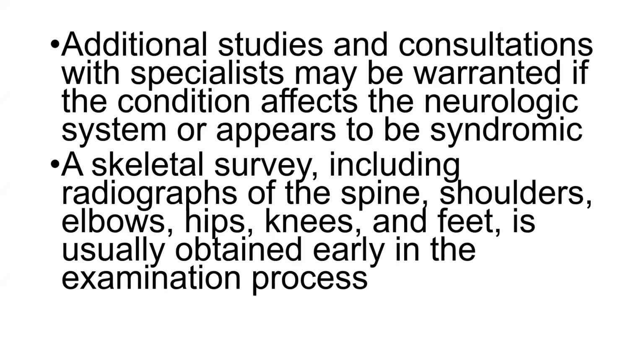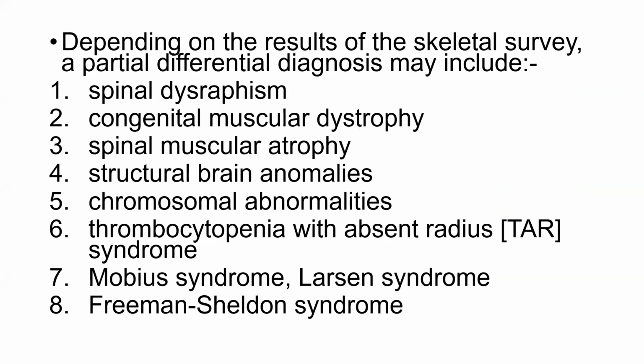Depending on the results of a skeletal survey, a partial differential diagnosis may include spinal dysraphism, congenital muscular dystrophy, spinal muscular atrophy, structural brain anomalies, chromosomal abnormalities, thrombocytopenia with absent radius, TAR syndrome, Mobius syndrome, Larsen syndrome, Freeman-Sheldon syndrome. You have to include these when you're studying the patient.